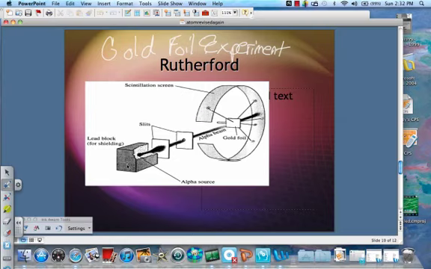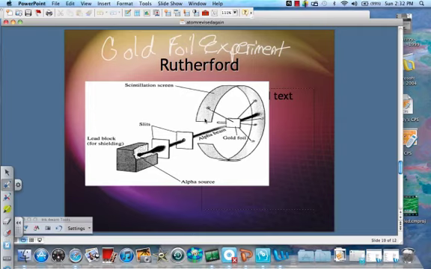and basically the particles were forced to go into a beam, and he beamed it at a very, very thin piece of gold foil. Now, alpha particles can actually be deflected by a piece of paper.